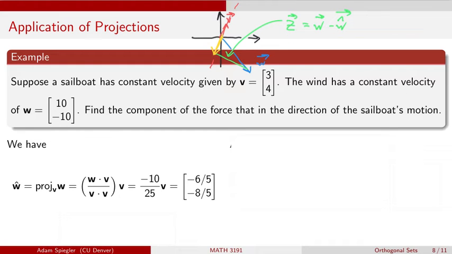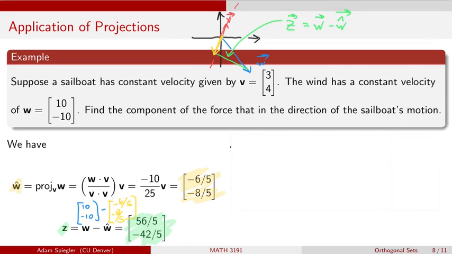So down below, we can find this orthogonal component by taking W, which was the vector (10, -10), and subtracting the projection that we just found, which was the vector (-6/5, -8/5). So taking 10 and subtracting a negative 6/5 gives me 56/5, and taking minus 10 and subtracting a minus 8/5 gives me a minus 42/5.